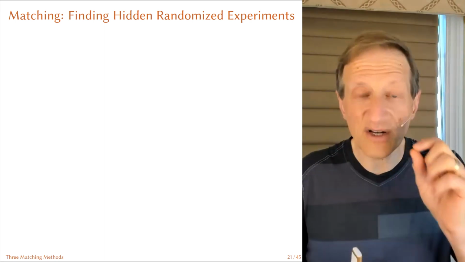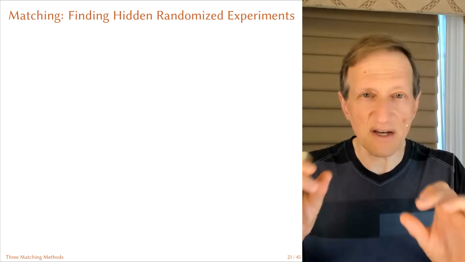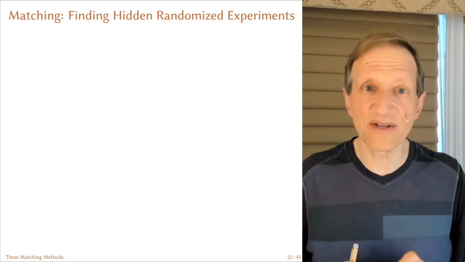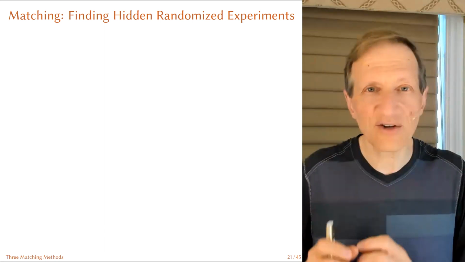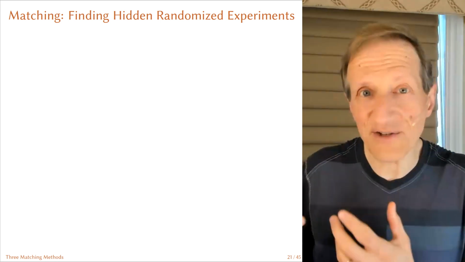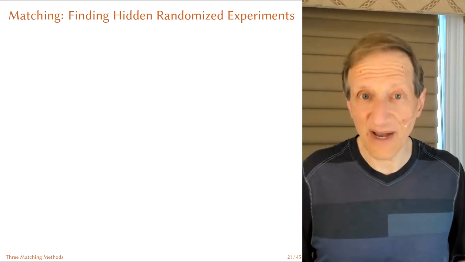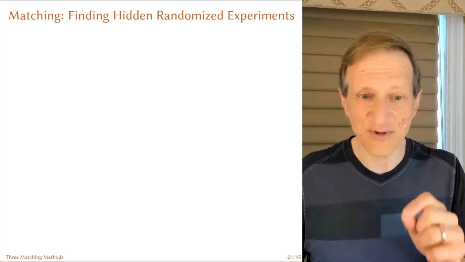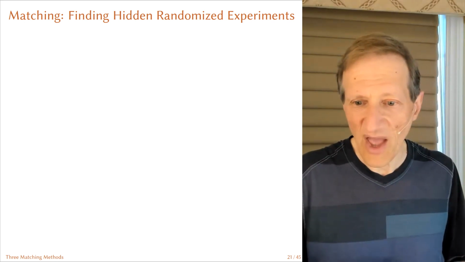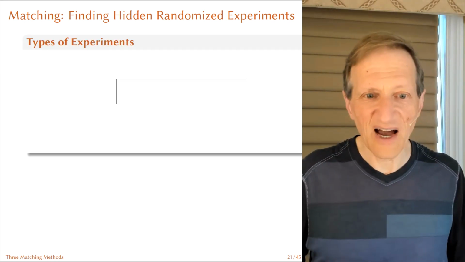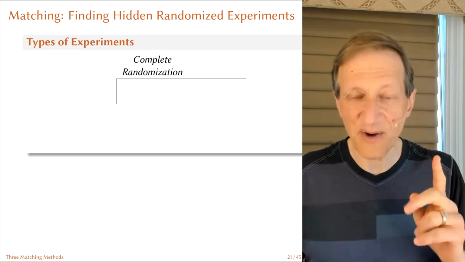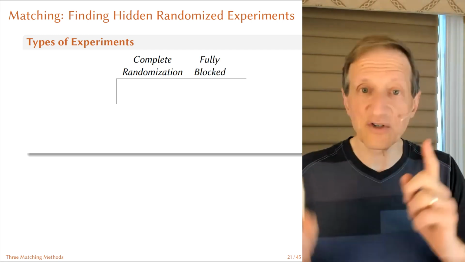But today, we're going to zoom in and focus just on two specific types of experiments that have particular implications for the types of matching methods we're going to choose. So finding hidden randomized experiments inside observational data sets. When we do this, there's these two types of experiments, complete randomization versus full blocking.